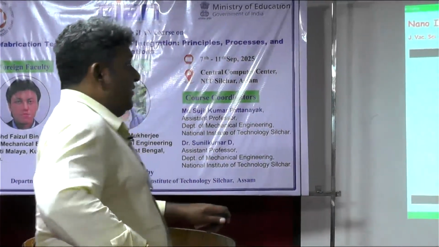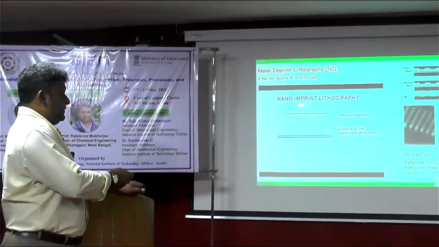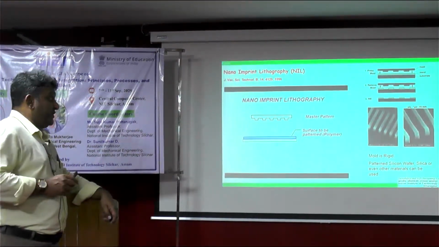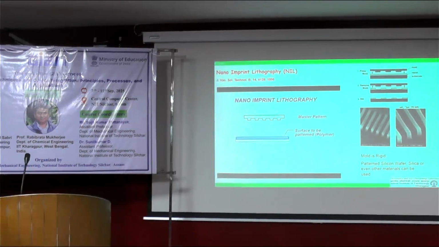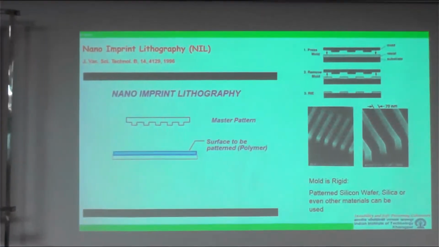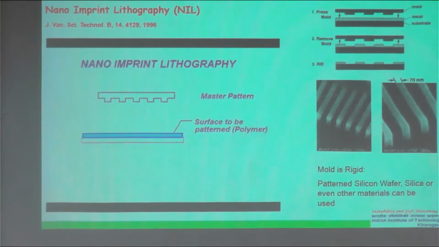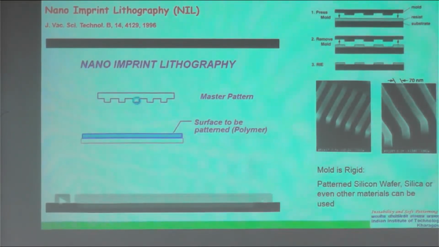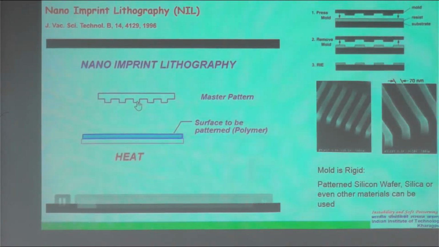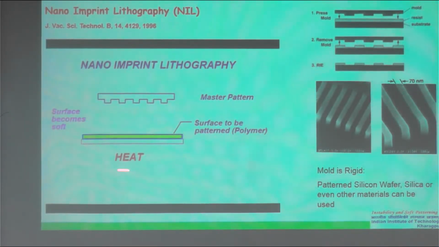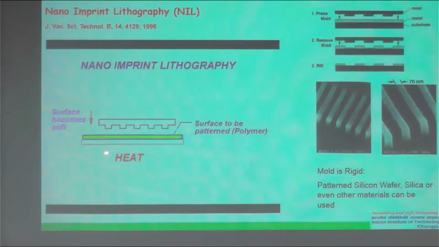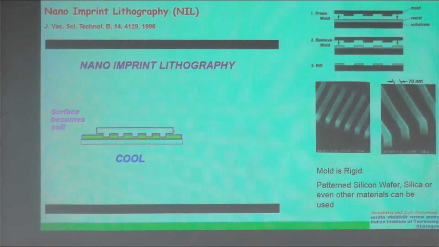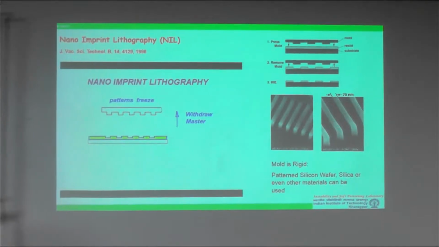So here, what we do, we again take a stamp, but this stamp is on a rigid material because there is a reason for that. And what we take is a polymeric layer over here, which we heat up so it becomes soft, press the stamp hard with a lot of external pressure, cool it down so again it becomes rigid, right?